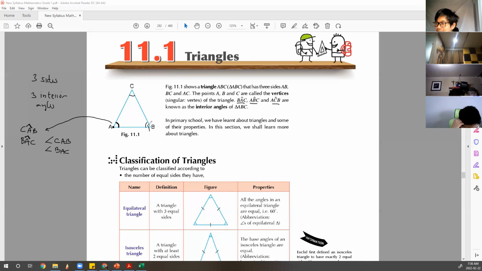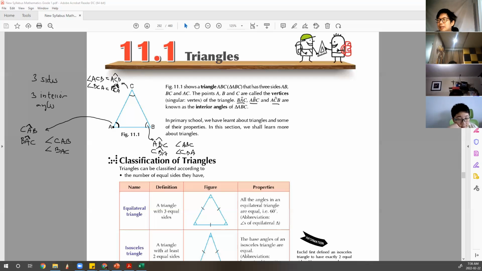So what is this? B is in the middle, right? So ABC or CBA, or you can just write angle ABC, angle CBA. And how about this? C is in the middle, ACB or BCA, right? You can write it like this, or put the symbol on top of the C as well.